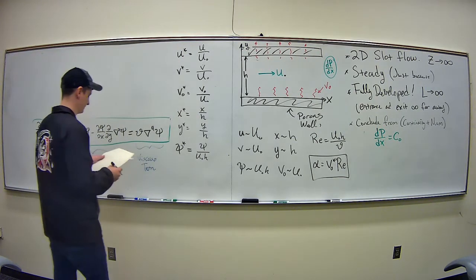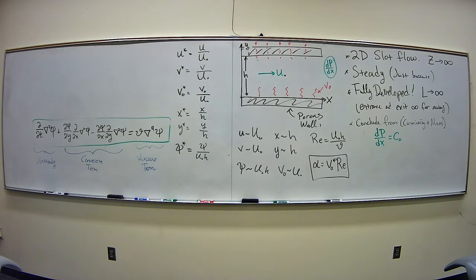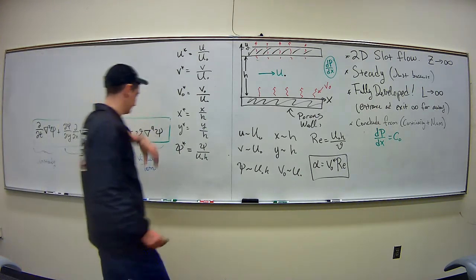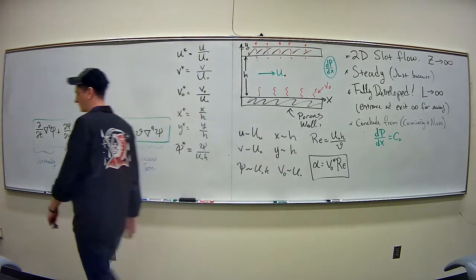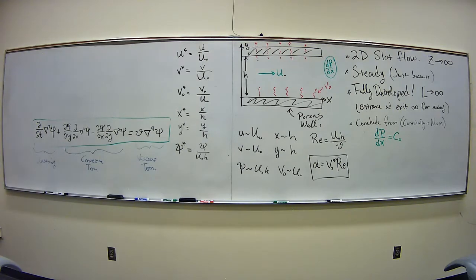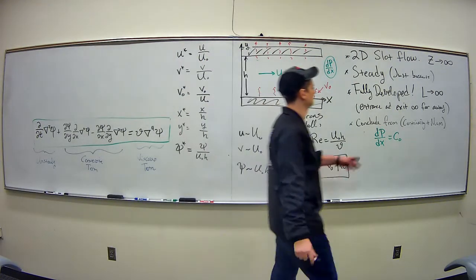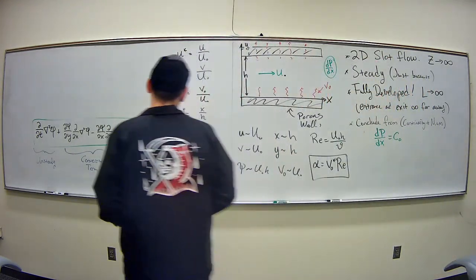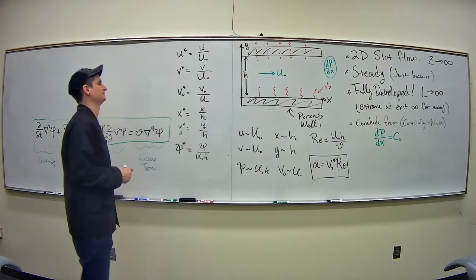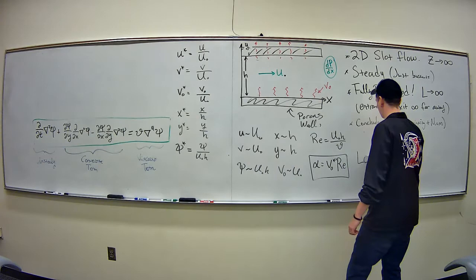Other scales I have? These are just defining everything to be non-dimensional. Okay, so that's the situation right now. Now we need to come up with some sort of gauge or guess of what the stream function looks like.